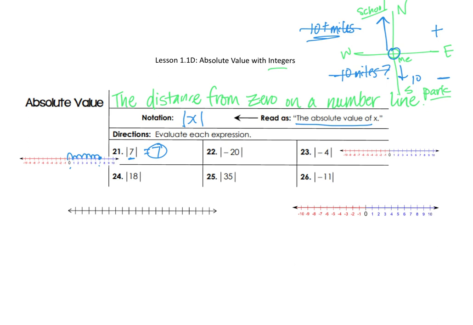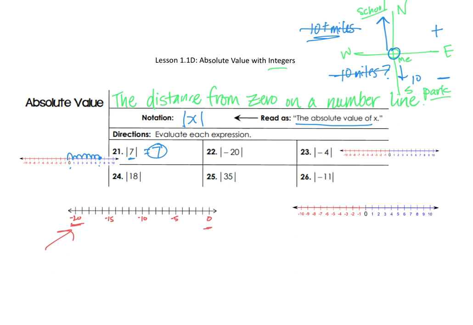Now let's look at negative 20. I've labeled this number line down here. We want to know what is the absolute value of negative 20. In other words, how far away is negative 20 from 0 on the number line?